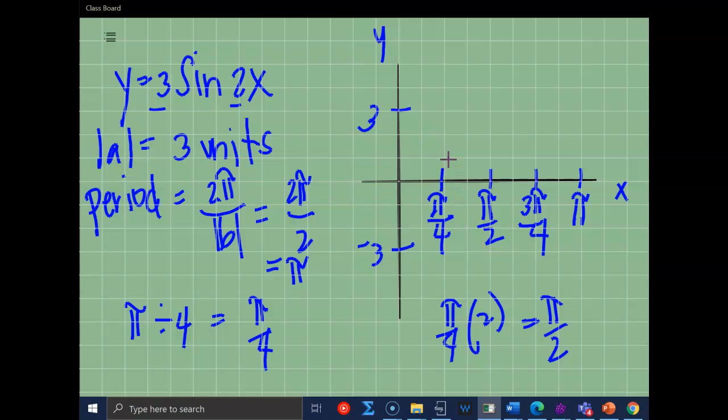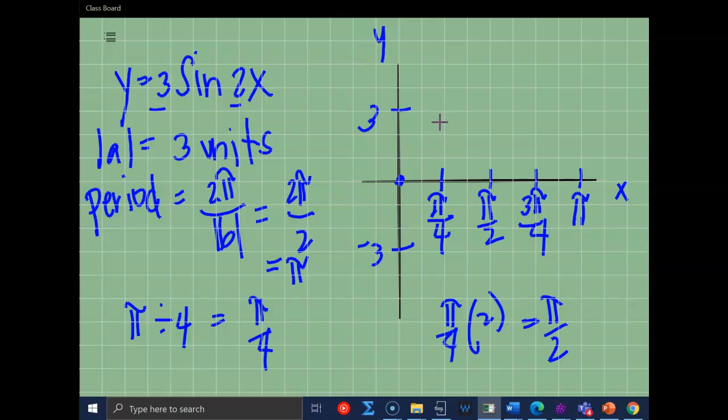function. So let us identify the different key points for us to be able to connect and come up with the graph of this sine function. So here, this is a sine function and it has no shift or no translation of axis. So we start at 0, 0. So the first key point that I would like to show you is 0, 0.